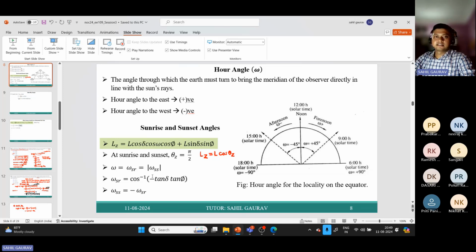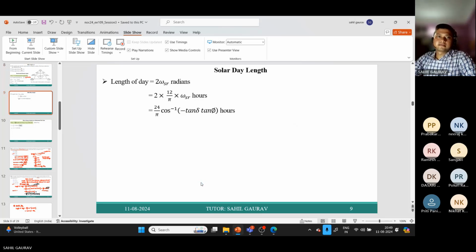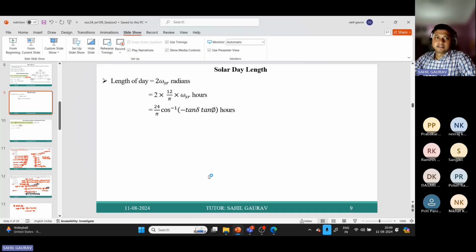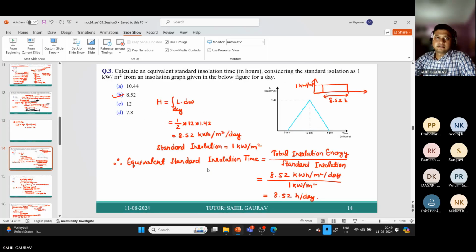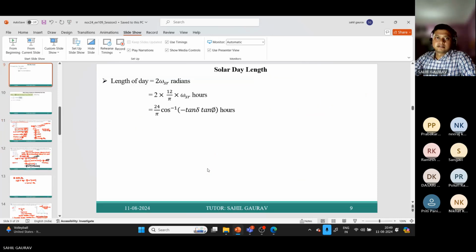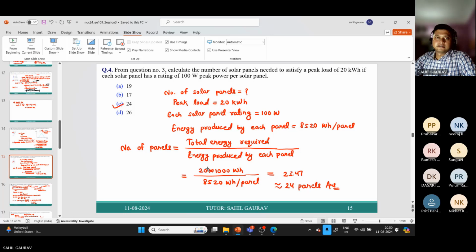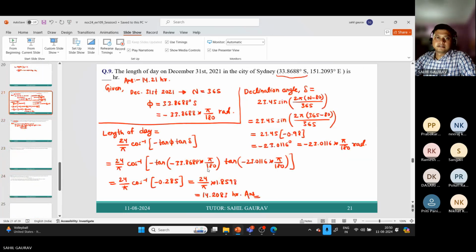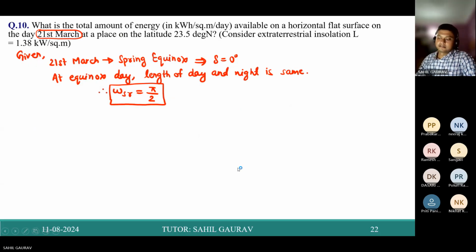Since the declination angle is 0, cos inverse 0 will give you pi by 2 radians.